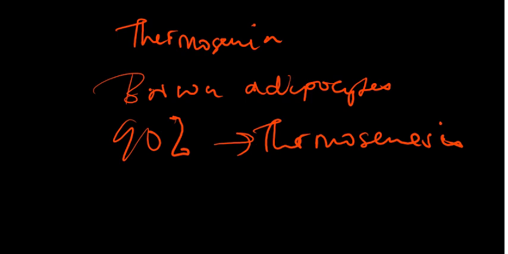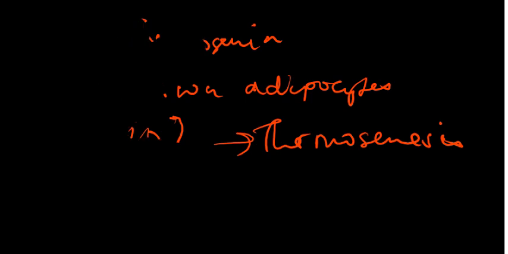All right. So when we have synthetic uncouplers, meaning those that are not formed by the body, for instance, we have 2,4-dinitrophenol. This one is synthetic. It's as though it's made in the labs.